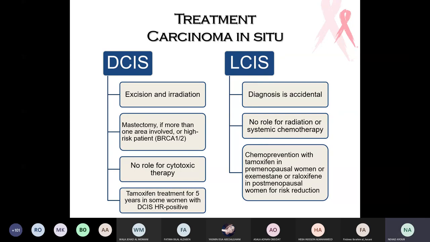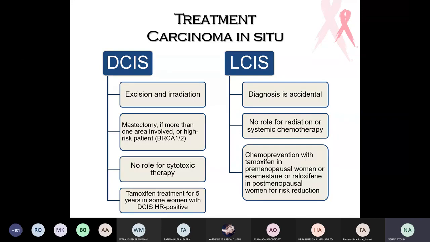So if I come to a patient, we did mammography and found a mass in the right breast, we did a biopsy and it showed ductal carcinoma in situ, a single mass in the right breast only. This patient, simply, we do lumpectomy, we remove that part of the breast that contains that mass or that cancer cell.